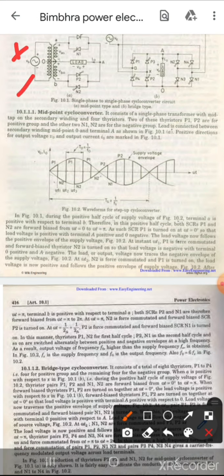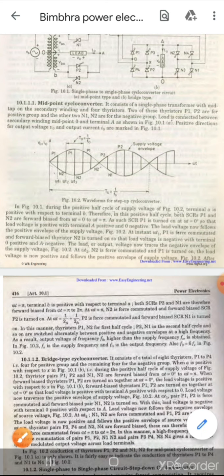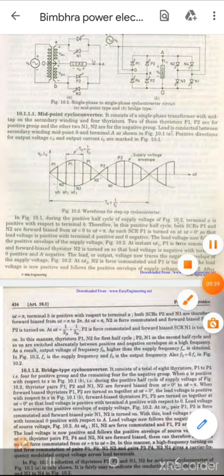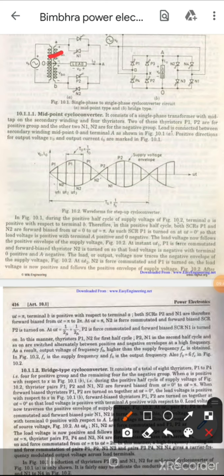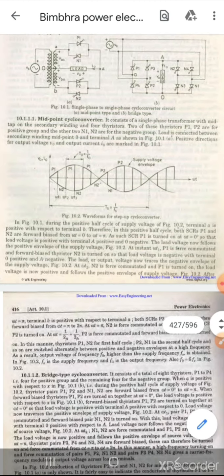How this operates, let's see. During positive half cycle, a supply voltage is given, that means terminal A is positive with respect to terminal B. Therefore in this positive half cycle, both SCRs P1 and N2 are forward biased from omega t equal to 0 to omega t equal to pi.